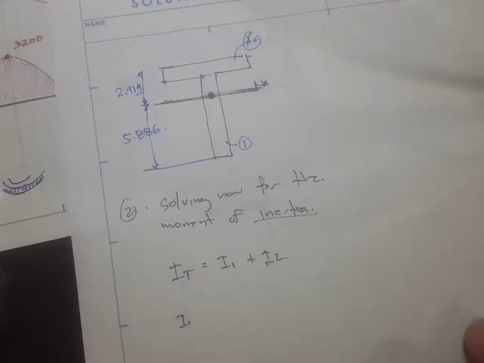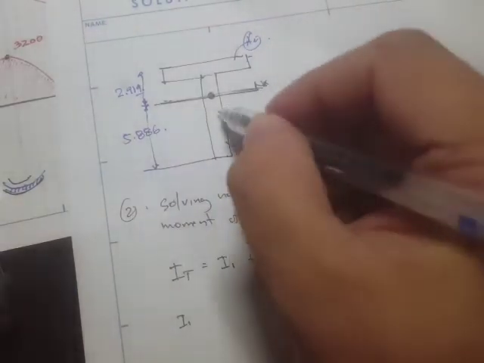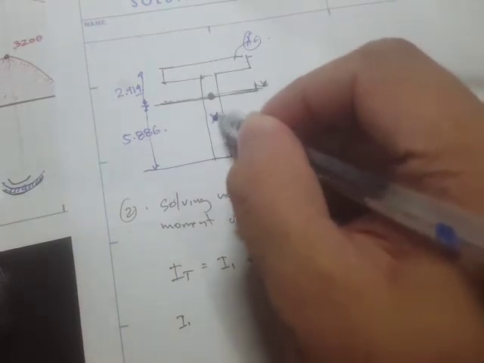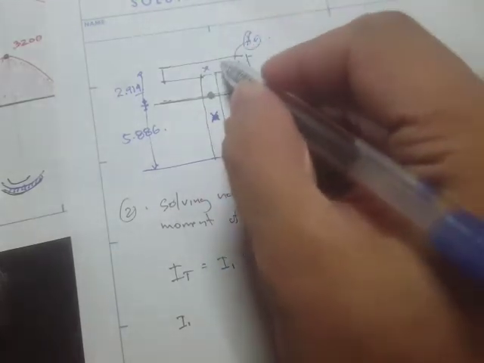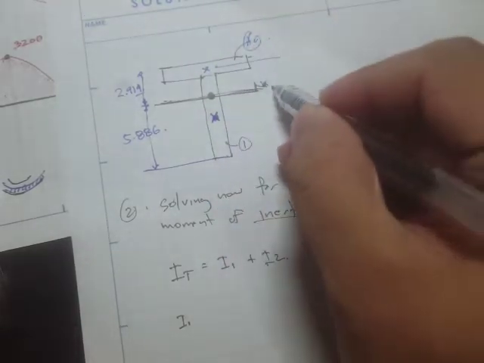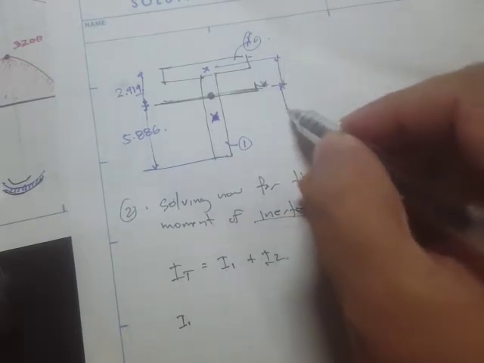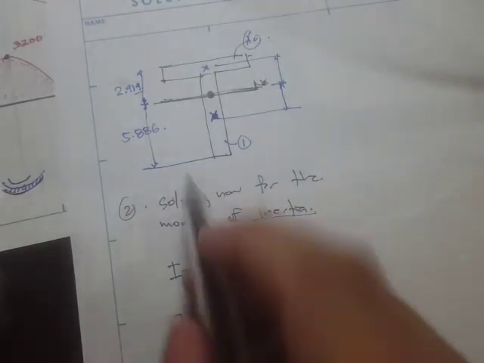And we need the distance from the neutral axis to the centroid. So we have here the centroid of this shape, and here the centroid of this shape. And what we need are these distances. Okay, so how do we solve that? Then it's just simply subtraction or addition.